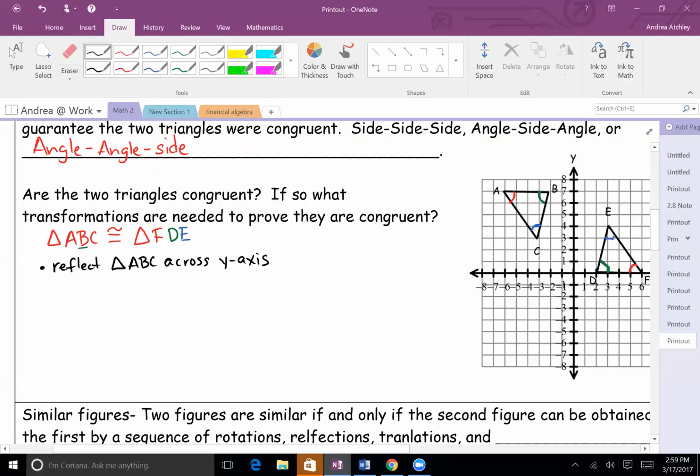To do that, I fold my paper along the y-axis, and so B has to be 2 away on the other side. And so this is my new B, B prime. C then should be 3 away. So 1, 2, 3 would be C for me.